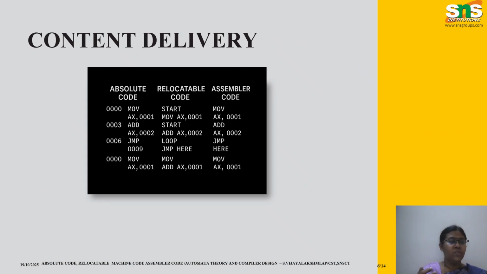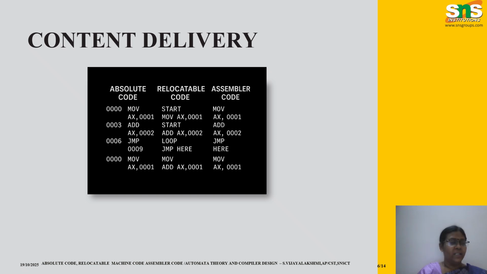Going to the content delivery, absolute codes use fixed memory addresses, and the programmer or assembler decides the exact location for every instruction and data. For example, move AX, 001.